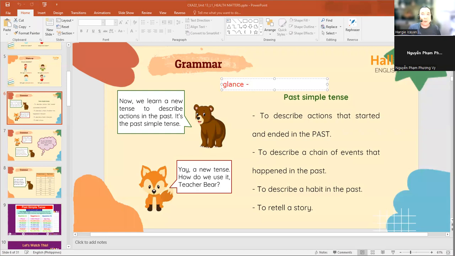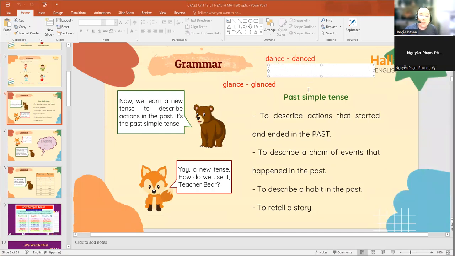To form the simple past tense of that, we just add D. Okay, what else? When we say dance, we just add only D, so it becomes danced.